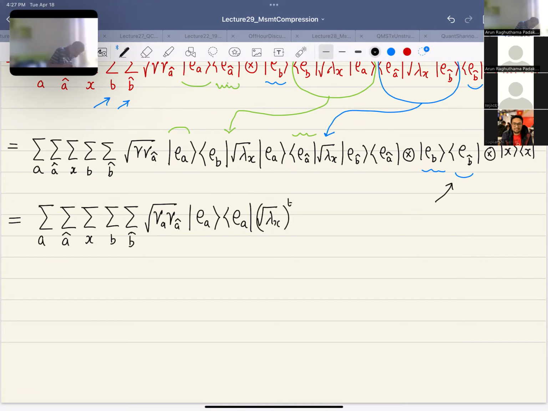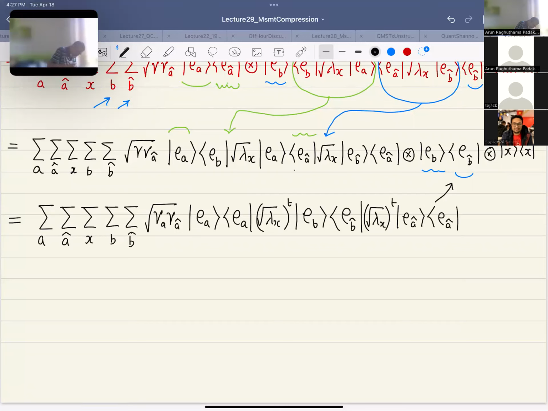You'll have to check this, that I can do this by inserting a transpose in the middle. So EB hat root lambda X transpose EA hat.